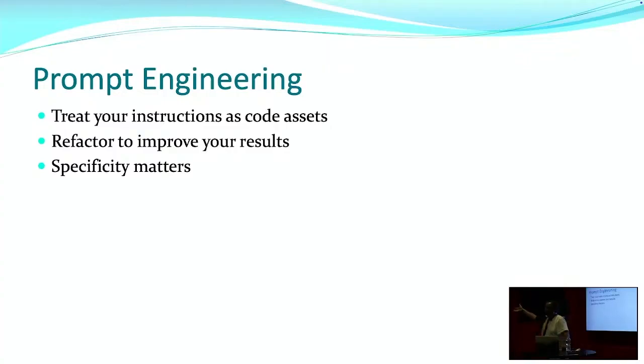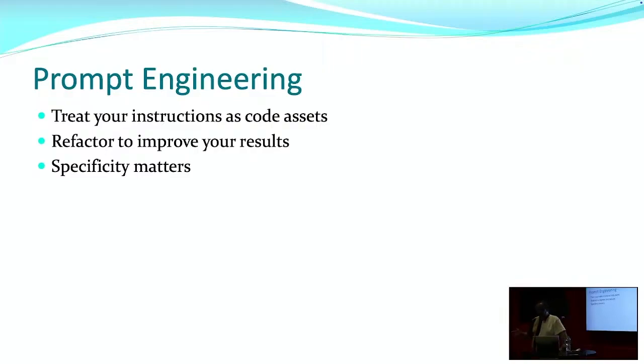When you see it go off the rails, think about how you could have made a better prompt to make it do more like what you want. Refactoring is important. As you review the results coming out, look at your prompts and see how you can improve them.